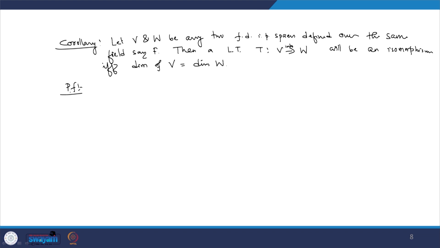See, if it is an isomorphism, then certainly it has to be 1-1. So, this means that dimension of V has to be equal to dimension of W. Now, the only if part is very straightforward.